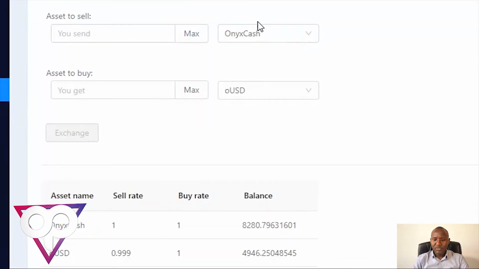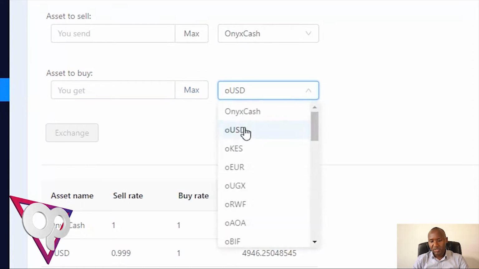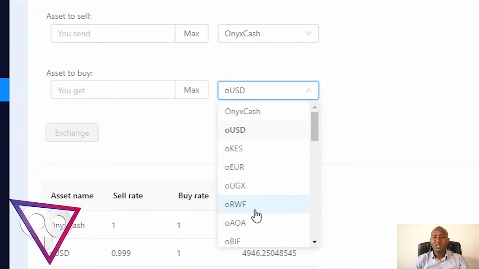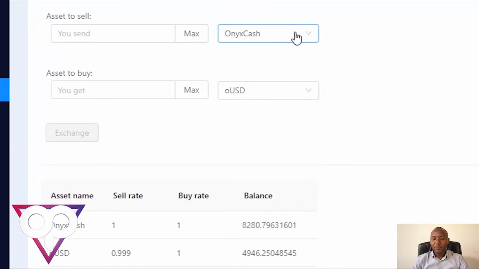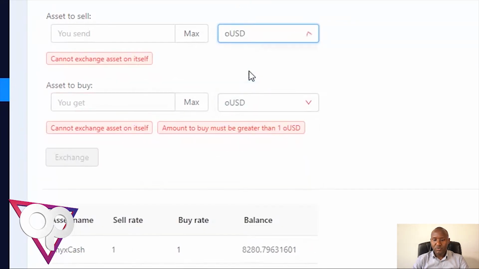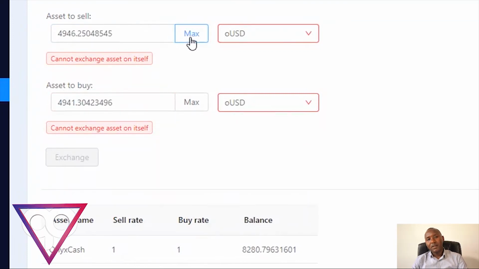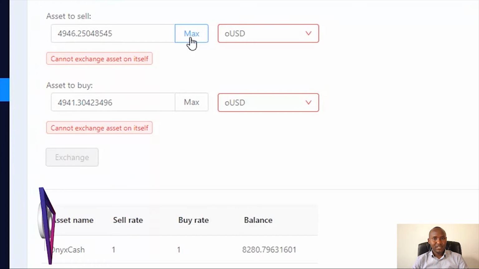When you come here, you're selling Onyx cash and you're buying the asset here. It could be USD, it could be Kenya shilling, euro, UGX, Rwandan francs, or any currency that is relevant to you. Something else to understand is that if you have an asset like, for example, US dollar, you can sell the US dollar and buy another asset.